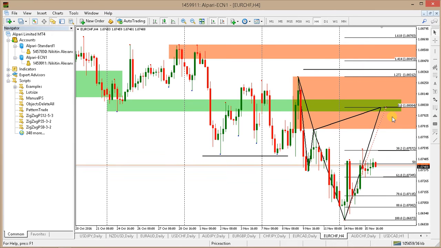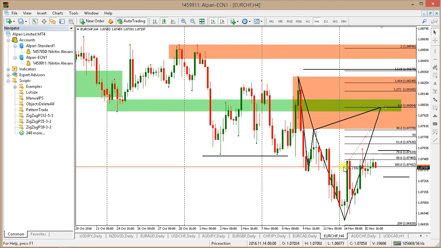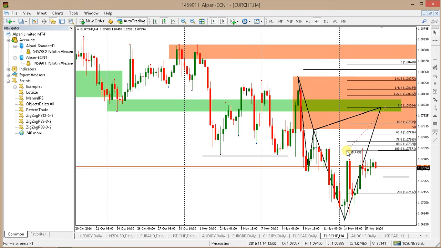Okay. I promised you that I will teach you how I personally place the stop loss. I measure the distance from the entry to the first target. Measure it this way with my Fibonacci. You see, this distance is 100% from 0 to 100%.